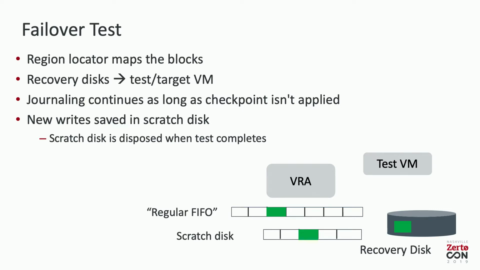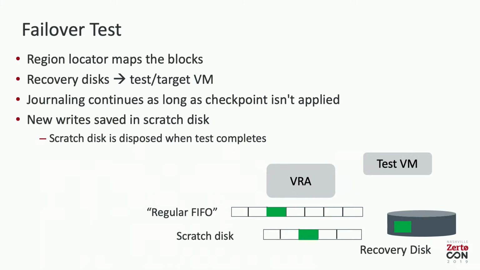Now, some blocks may be located in the recovery disks because they were applied, and some blocks can be located somewhere in the journal. And that enables us to get an image without rolling forward the entire journal. Okay? I'll explain a little bit further.